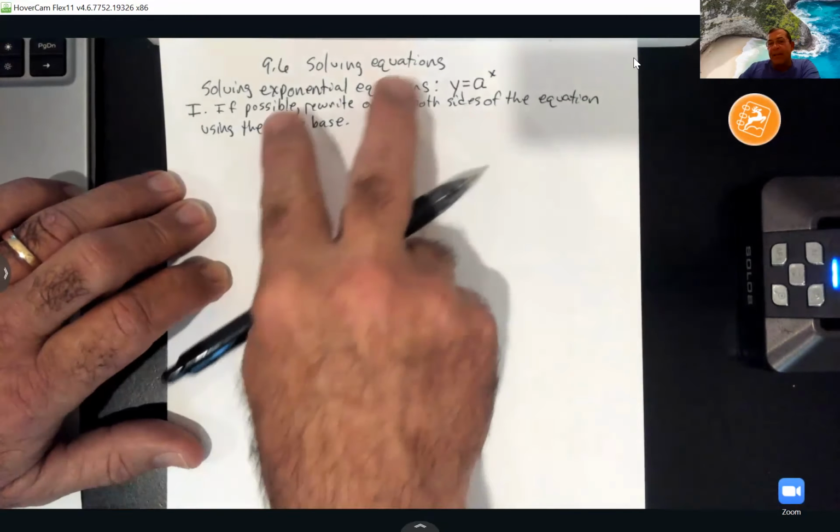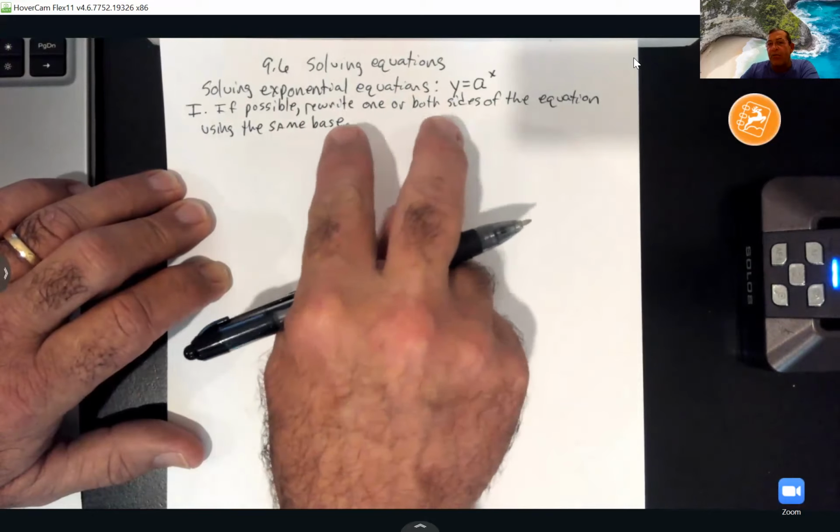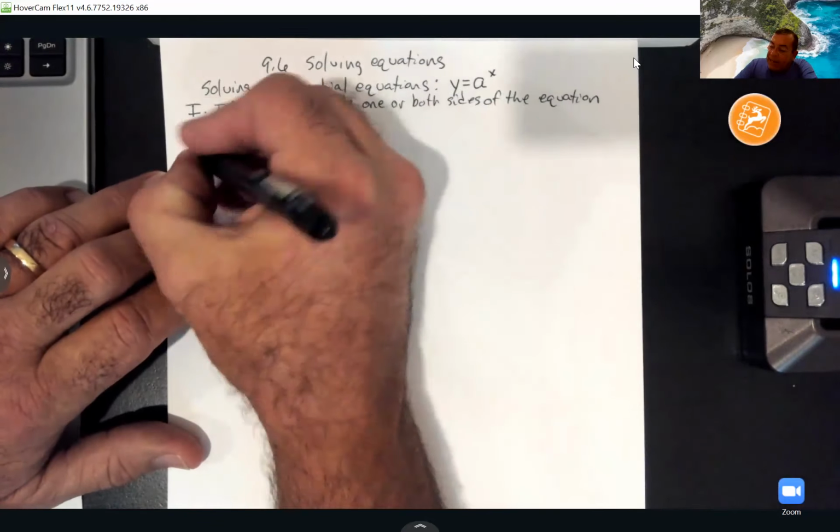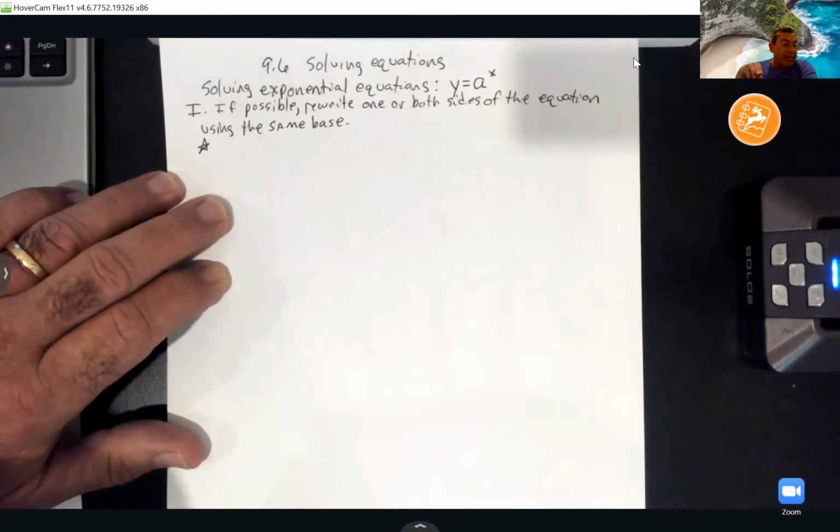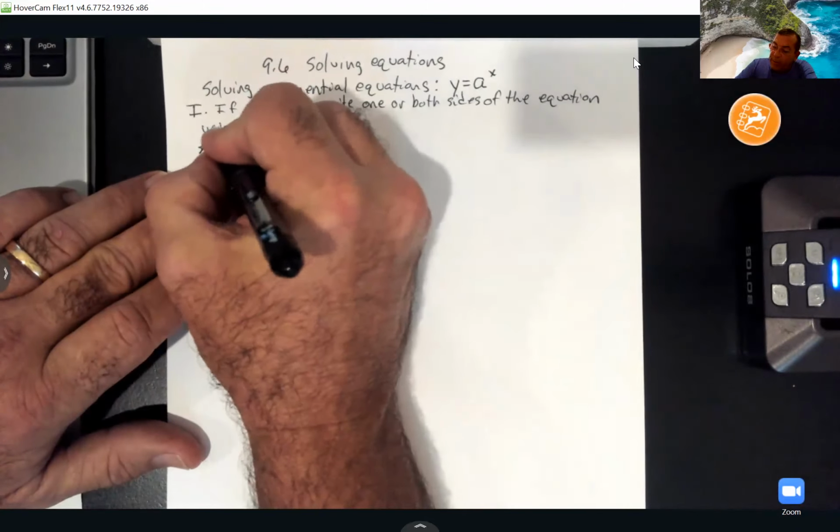So what happens if I can get each side of the equation written with the same base? I can invoke what we call the base exponent property.